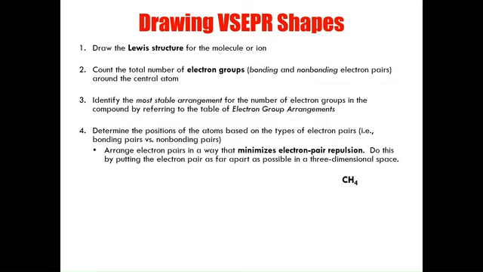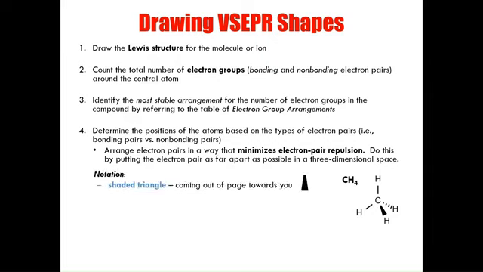Take CH4 for example. The VSEPR shape would look something like this. You can see that the bonds to hydrogen are arranged as far apart from each other as possible. The shaded triangle means that the bond is coming out of the page towards you. The dashed line means that the bond is going back into the page away from you.